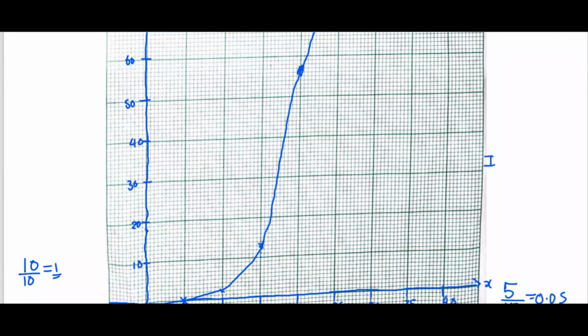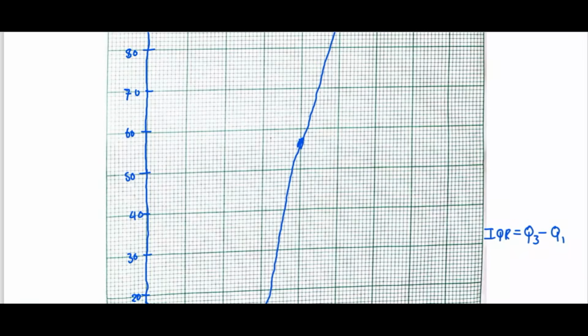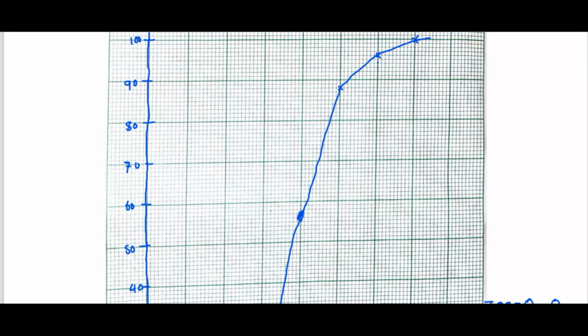IQR is equal to upper quartile minus lower quartile. So what is the upper quartile? Quartile 3 is equal to 3 over 4 multiplied by our cumulative frequency.